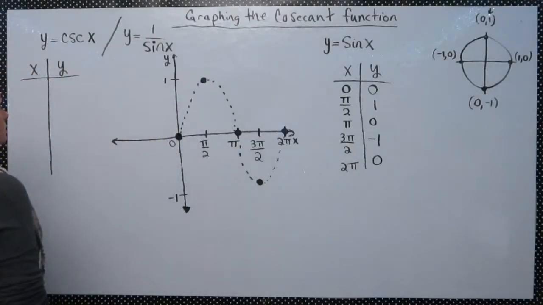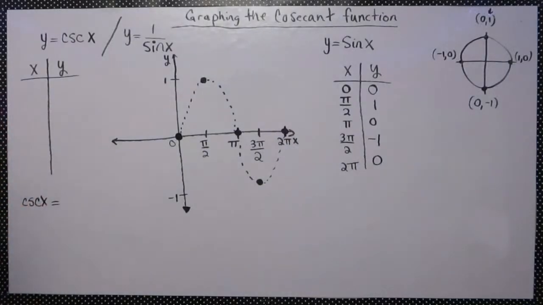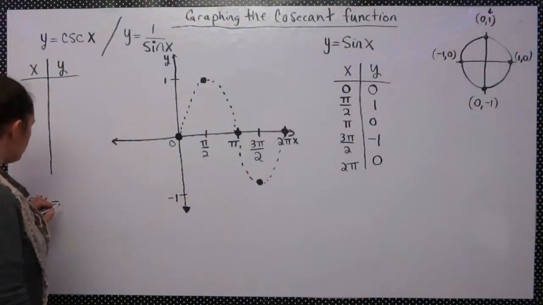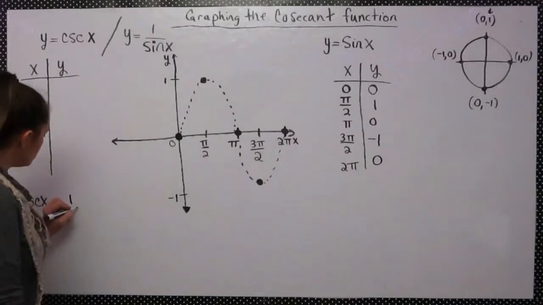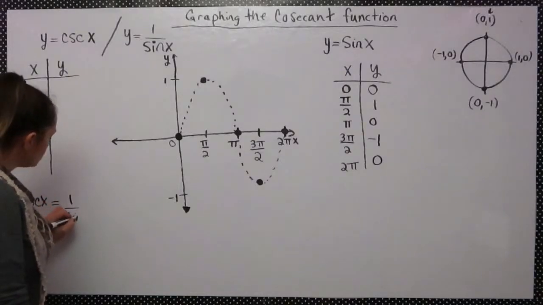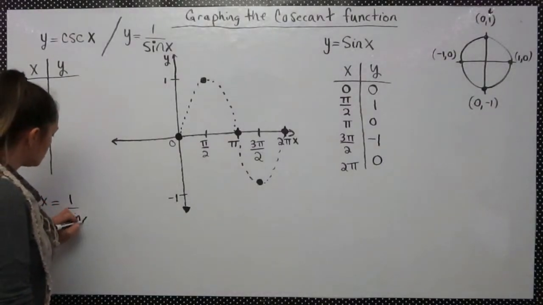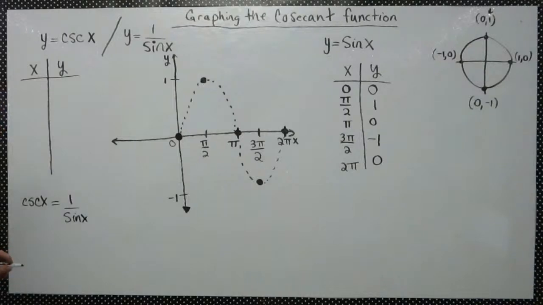So we have this cosecant x, and that is, by definition, 1 over sine x. And so we have 1 over, by definition, opposite over hypotenuse.